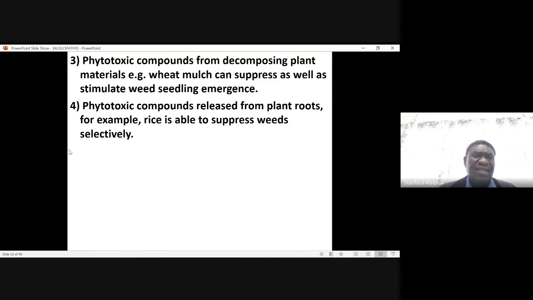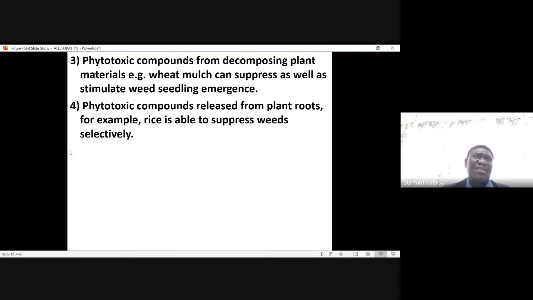Now, the release of these compounds, which are phytotoxic, could be a result of decomposition, for example, of wheat mulch, which then suppresses yields. Another source could be the roots. The roots can actually release these allelochemicals and suppress weeds.